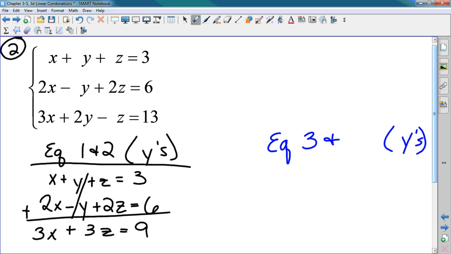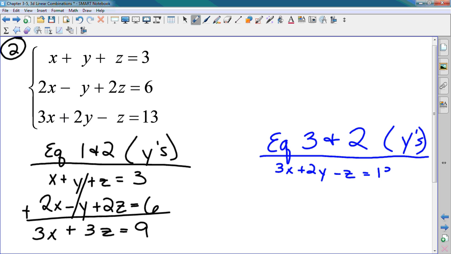So I'm looking at equation 3 and thinking, okay, I got to get rid of the y, so I want to use 1 or 2. Well, this one's already a negative, so I'll use 2. Equation 2's got a negative in it. So I'm going to write those 2 down. 3 is 3x plus 2y minus z equals 13.